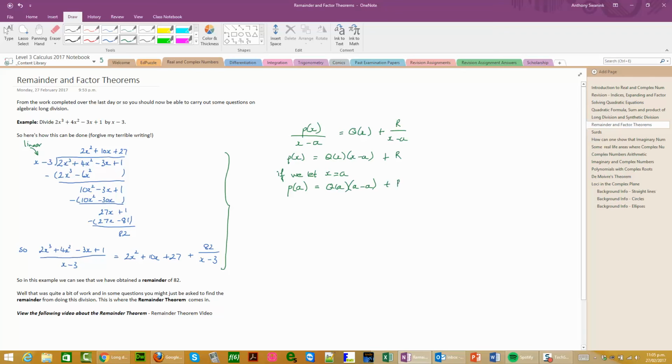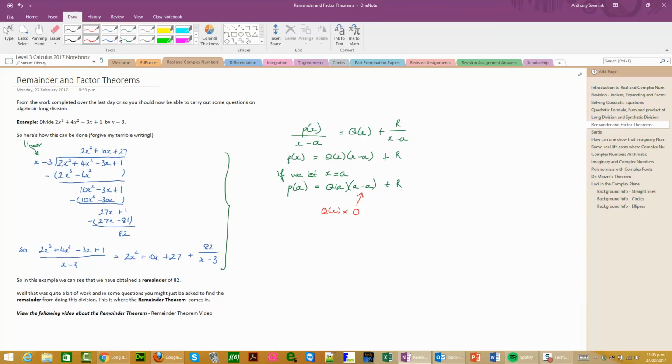Now the remainder is just some sort of number, so we can't replace x there because it doesn't have x there. This is really important. We chose deliberately the value of x that makes this equal to 0. So 0 times this quotient would be 0.